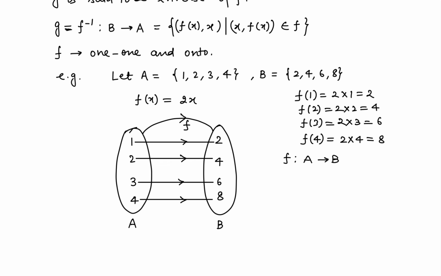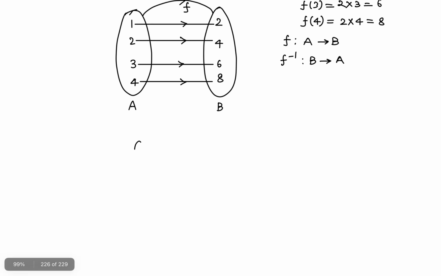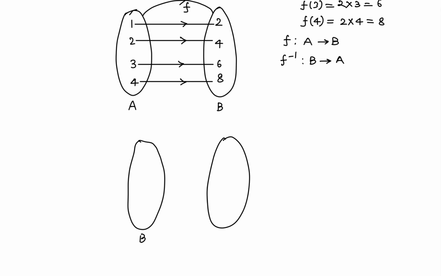So what is the inverse of this function? We have defined f inverse will be from set B to set A. So the inverse of this function will map like this. Here we are taking this as set B, this as set A. B has elements 2, 4, 6, 8.